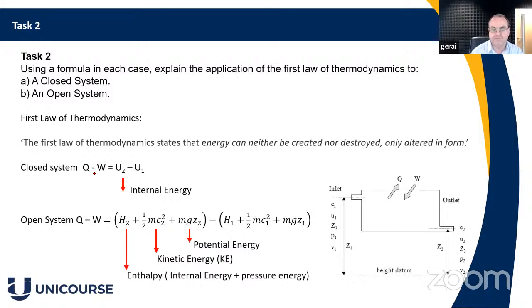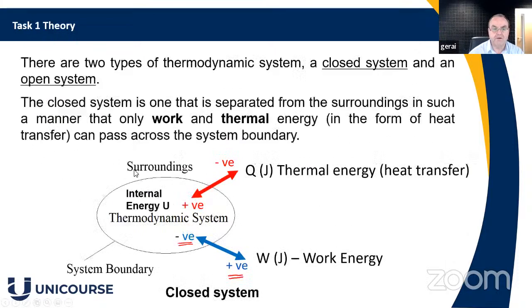For a closed system, Q being the heat transfer, W being the work transfer across the boundary, Q minus W is equal to the change in internal energy. So let's go back to this slide. If we put heat in, then the temperature is going to go up and the internal energy is going to go up.